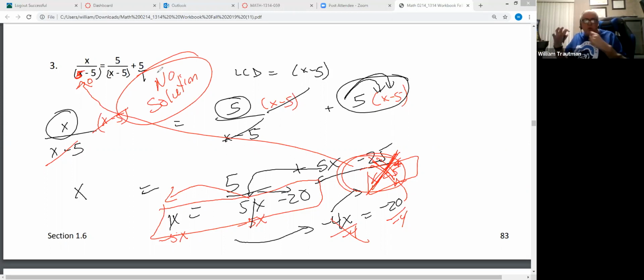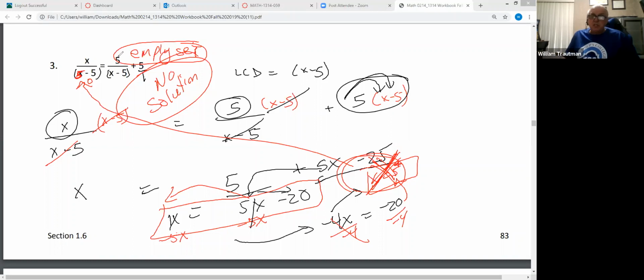I think in the homework it's just going to say no solution. If it doesn't have no solution, then write down empty set like they tell you to, or click the button. I think it's a button that you have to push or something. So you have to check your answers to make sure it doesn't make the bottom equal 0. Here, the 5, if I plug it back in, it makes at least one bottom equal to 0, and the denominator is not allowed to equal 0.